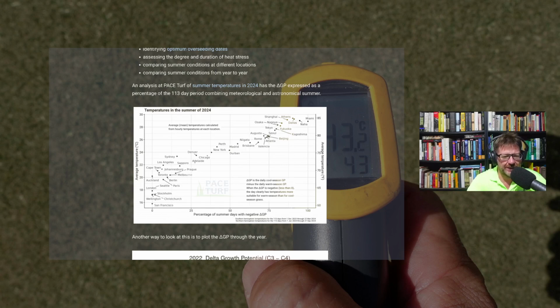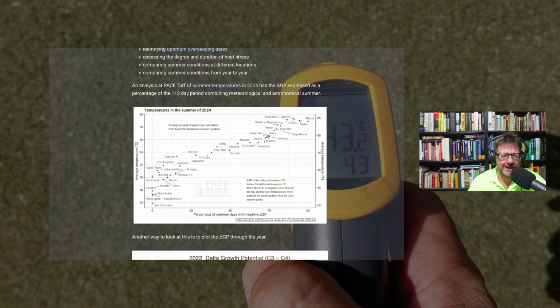I'm going to transition now to talk about the different ways of considering what the summer is. I have, in the past, been looking at these transition zone places, or the places like Shanghai where it gets really hot in the summer, or places like Atlanta where it gets really hot in the summer, and tried to express how difficult it is, how challenging it is in a particular summer to manage cool season grass.